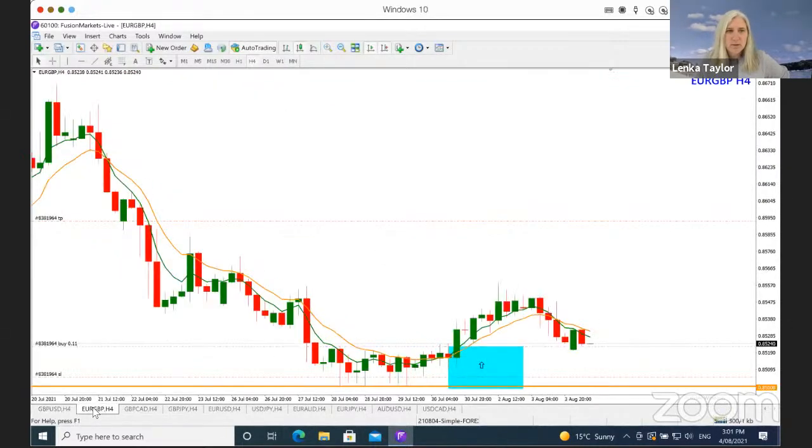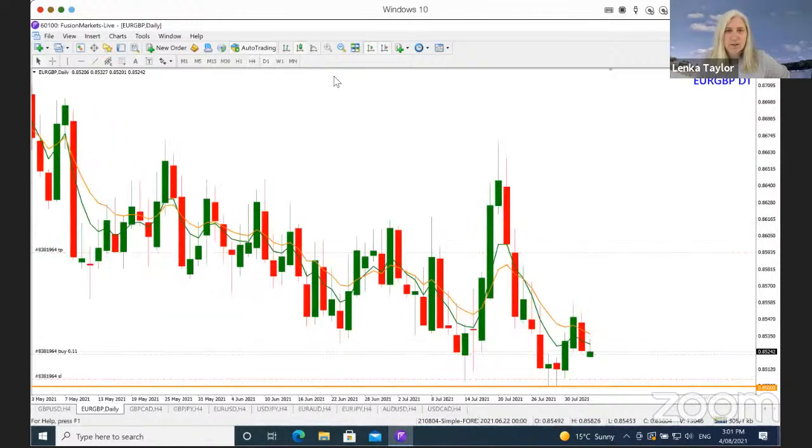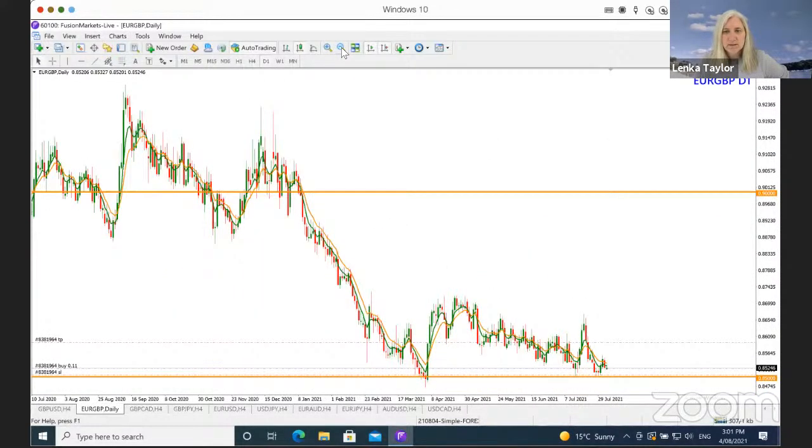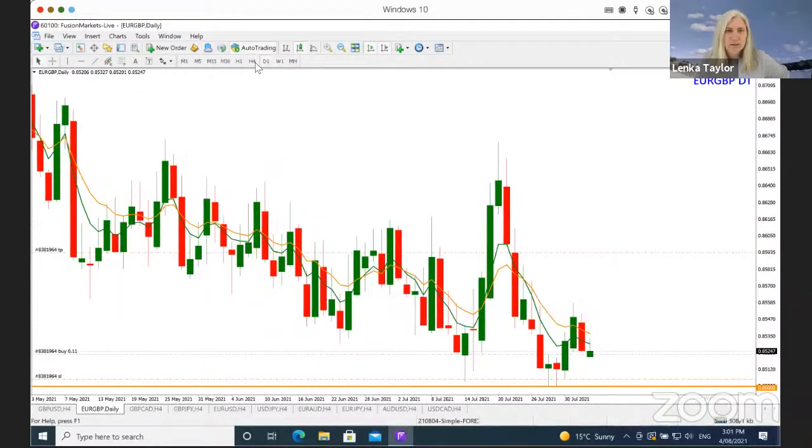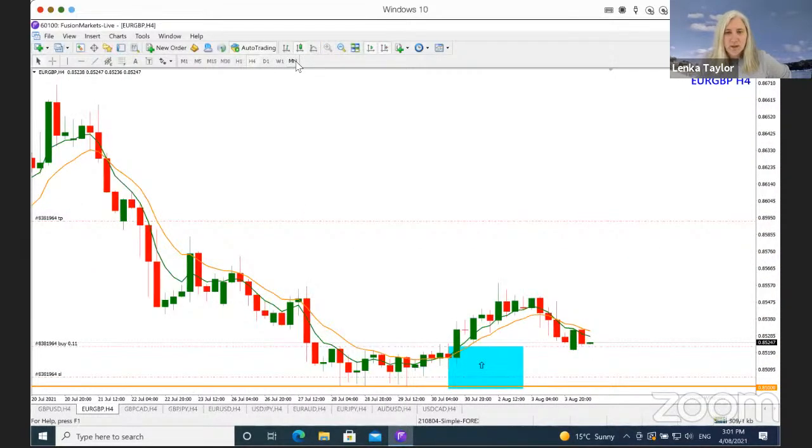Next currency pair I'm going to have a look at is Euro GBP. That currency pair I'm trading as a ranging market, so looking at going long from the bottom of the range. And on the 4-hourly, there was an entry, I think it was a few days ago last week.